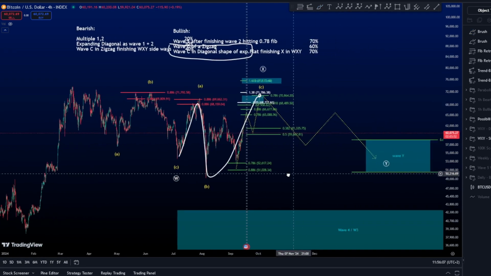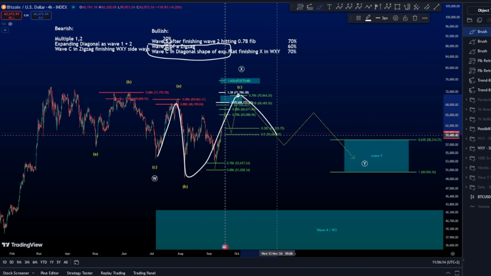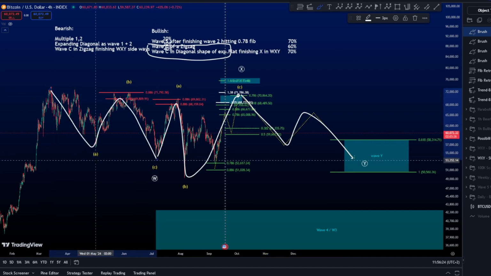What could happen, in case we did not finish our correction, in case we want to go down back again, because this is very possible, all right? It's very possible to keep ranging again for a WXY.